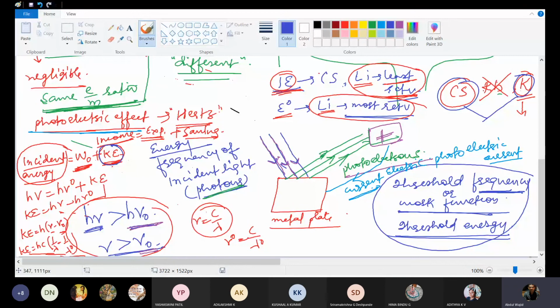So the electron will be ejected from the metal surface, but after ejection it won't be moving away from the surface, it will remain there only. Fine. So the more the energy of the incident light, the more will be the speed of the electron, because the threshold energy is constant.